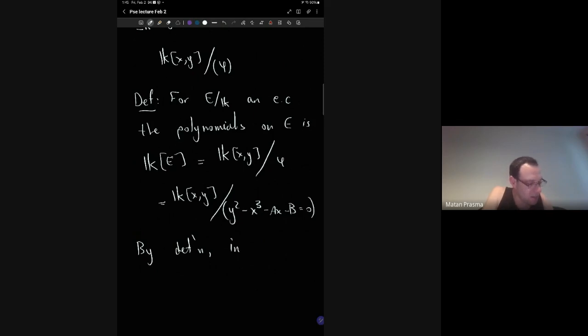This should be k of E. Okay, polynomials on E is k of E. And in k of E, we can look at it as just ordinary polynomials in two variables, and whenever we have a term that is y squared, we can simply replace it by x cubed plus ax plus b.